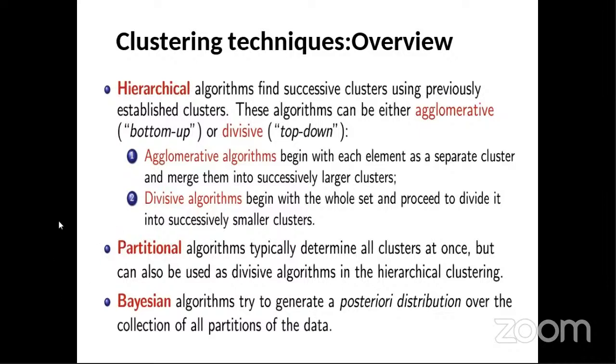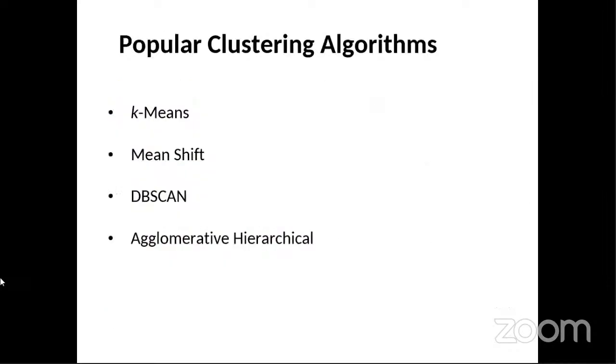Similarly, we have partitional algorithms and Bayesian algorithms, where we use some sort of posterior distribution and prior theory of probability, and partitional can have all types of clusters at once, and then we can use partitioning techniques like centroid. So there are many popular clustering algorithms. I have just named a few of them here. We have k-means, mean shift, DBSCAN, agglomerative, hierarchical.